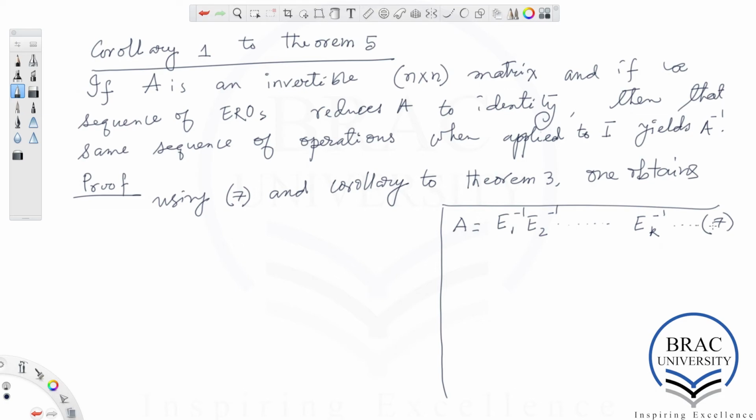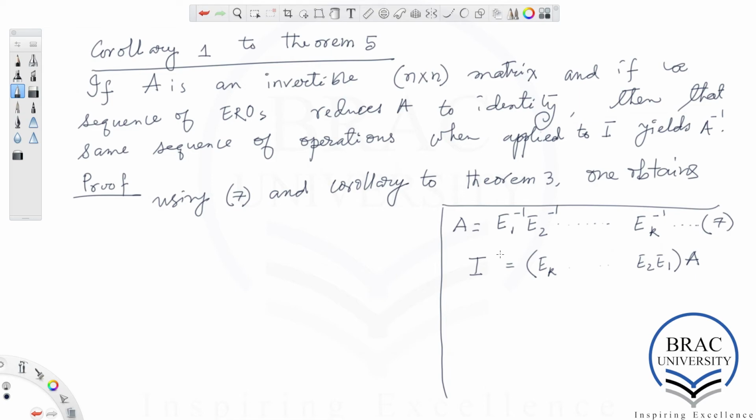It follows from the fact that A is invertible and these operations EK, E2, E1, when applied to A, reduce A to the identity matrix I, right?